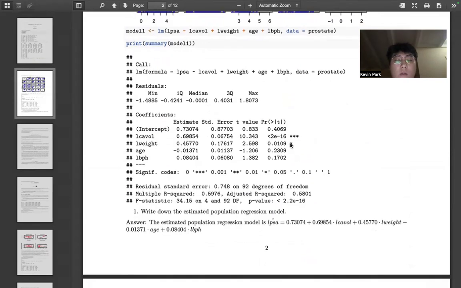Overall, the model explains the data pretty well, but out of these four predictors, I would say cancer volume and weight are more significant than the others because they have relatively higher estimate coefficients, and the p-values of both predictors are lower than the significance level of 0.05.